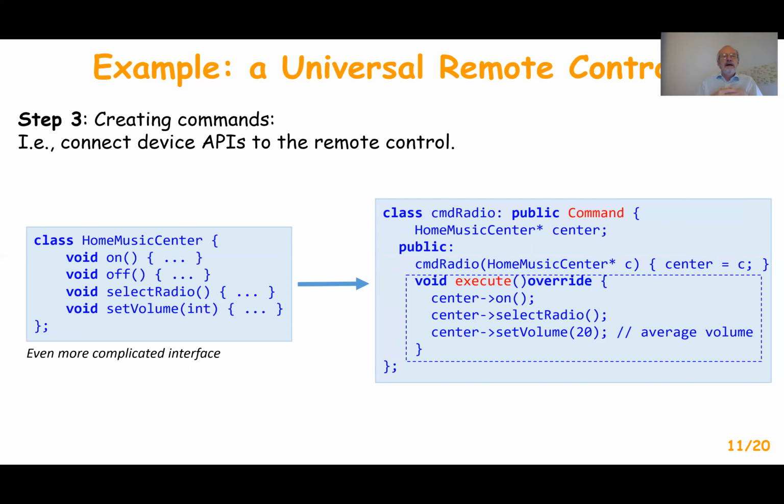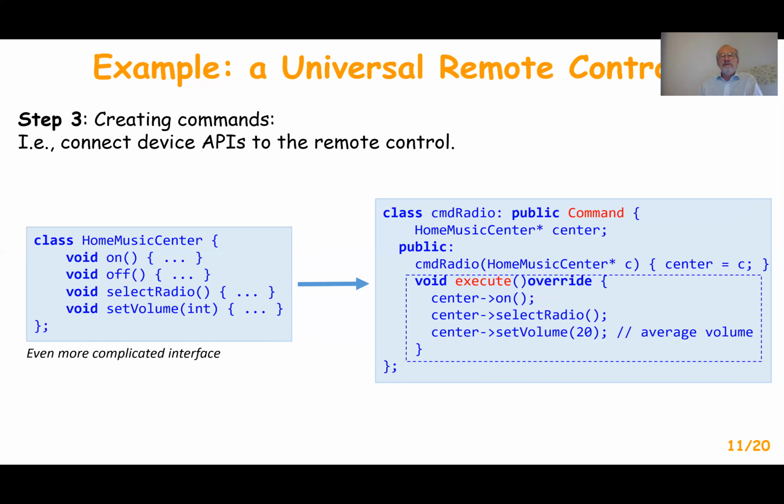And suppose I have a multifunctional music center, and I'm particularly interested in switching on the radio set, which is a part of that music center. So I have the corresponding interface element select radio and a companion interface element set volume of that radio.